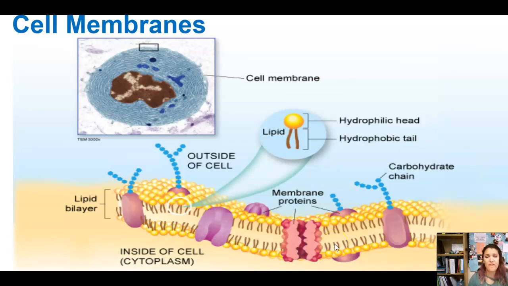Okay, cell membranes are very important structures. We do need to spend a little time learning about this. They have what is called a phospholipid bilayer. You can see they kind of look like your kindergarten drawings of people with a head and two legs sticking out the bottom.